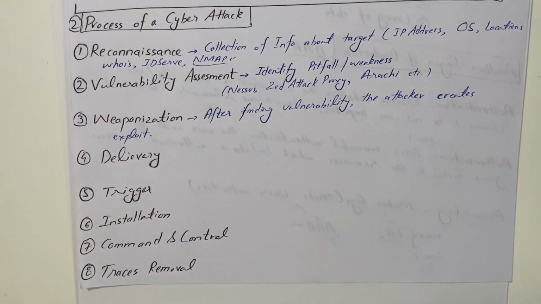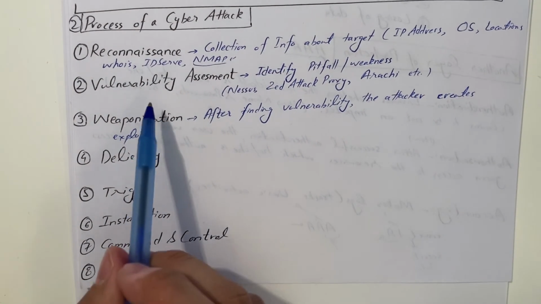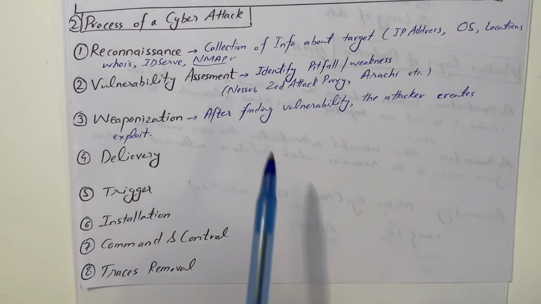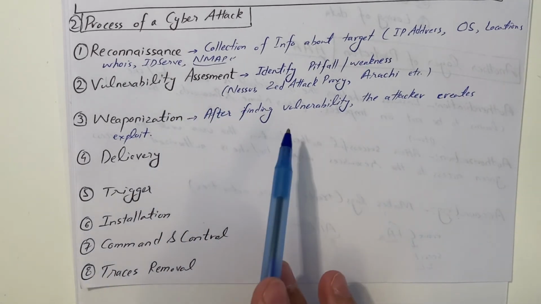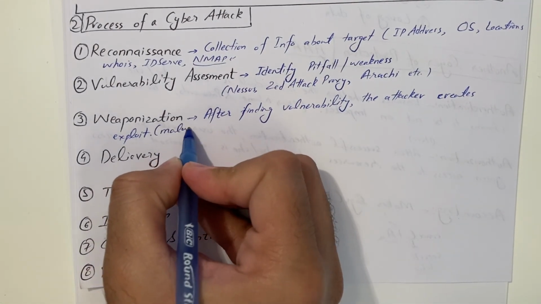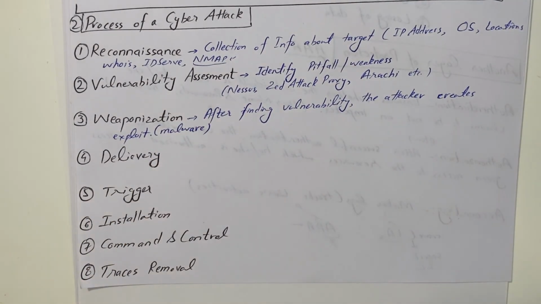Exploit means malware, a virus, or something through which that vulnerability can be exploited. So we have information, we have identified a vulnerability, and now we have malware which can exploit that vulnerability.